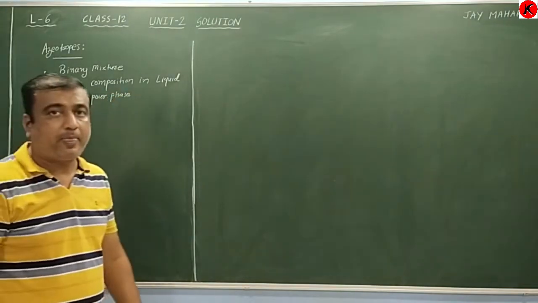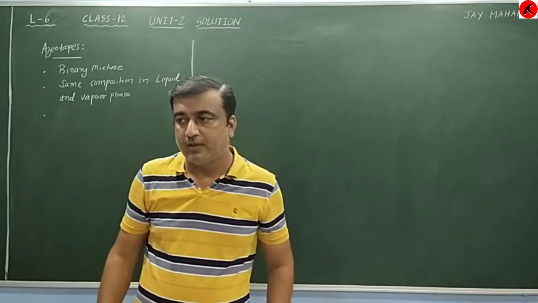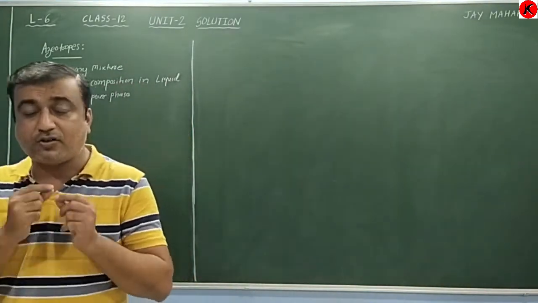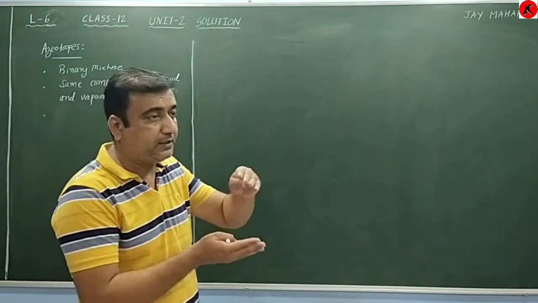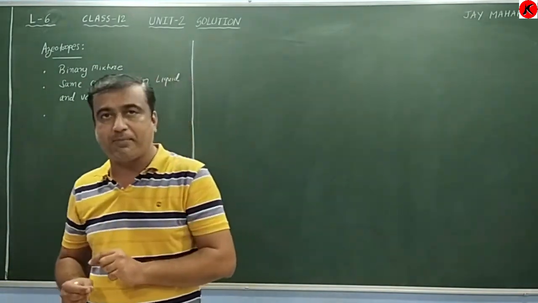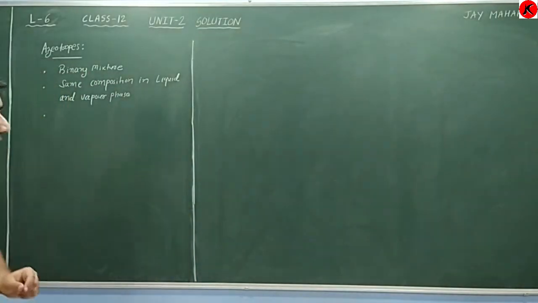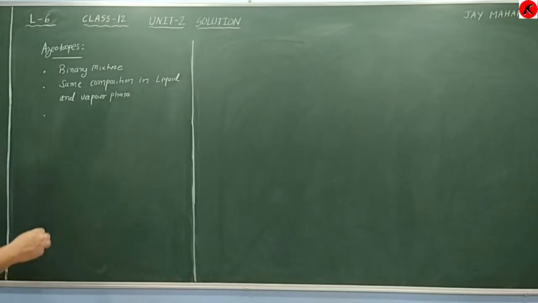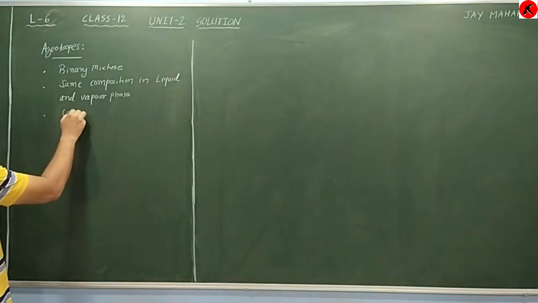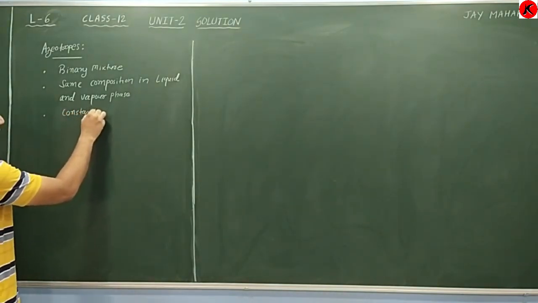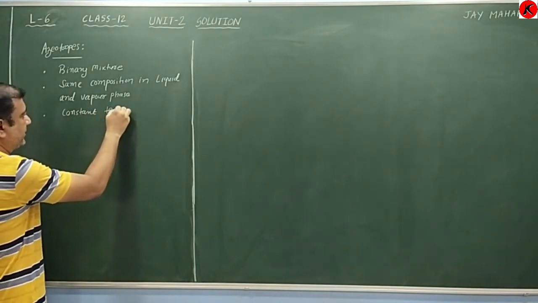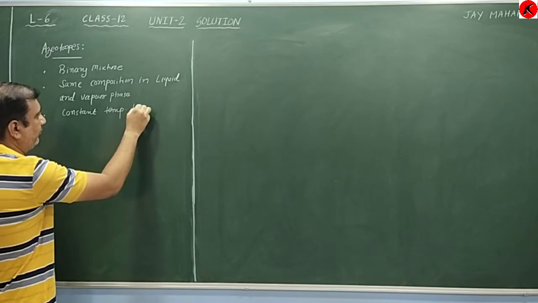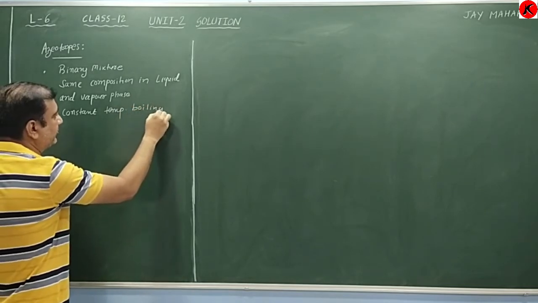Again, an azeotrope has a constant boiling point. That means it boils at a constant temperature. That means you can say it is a constant boiling mixture, a constant temperature boiling mixture.